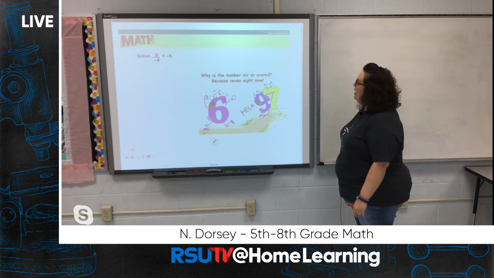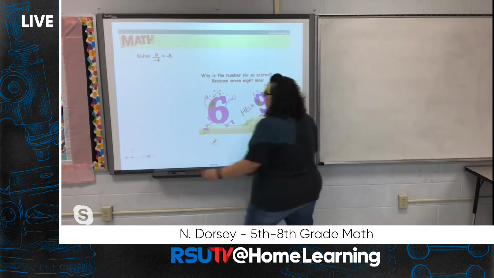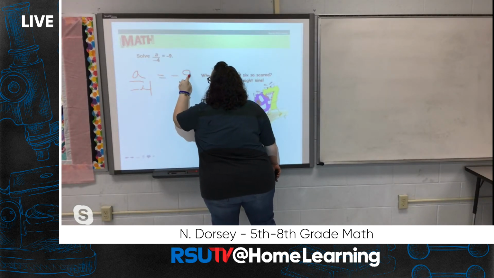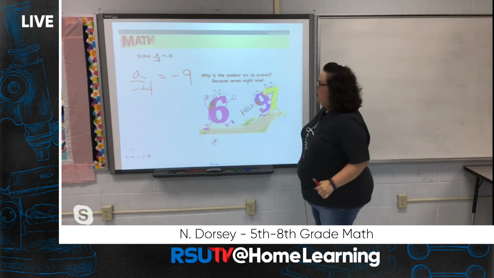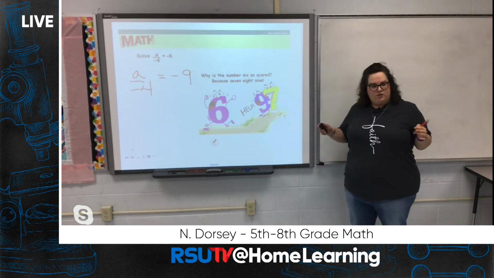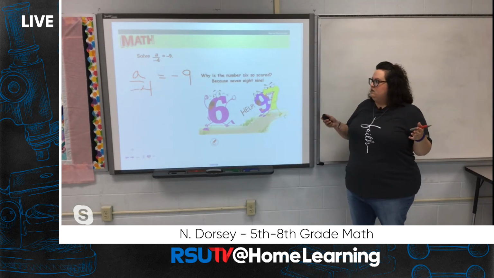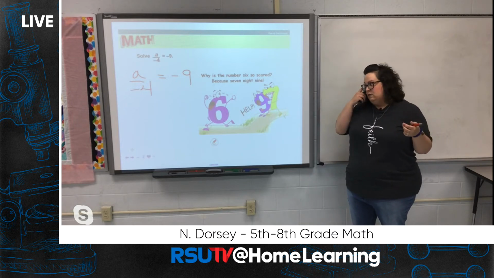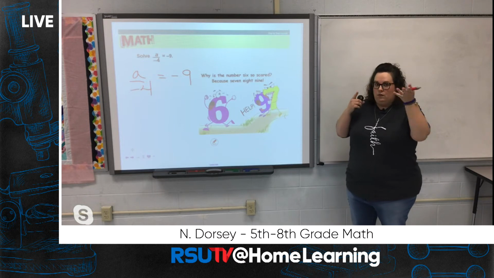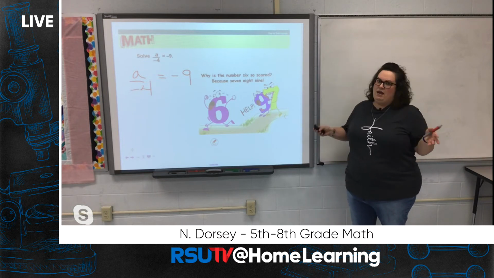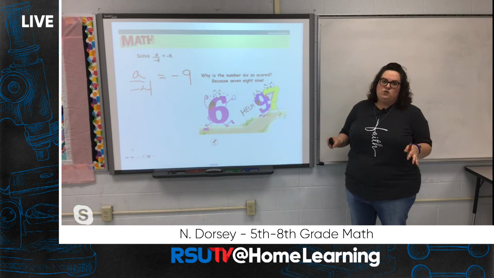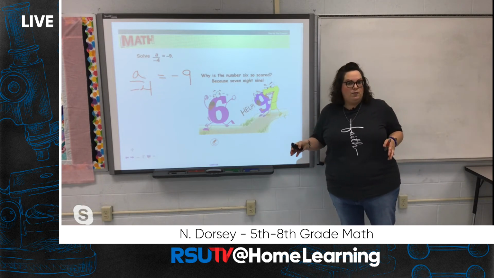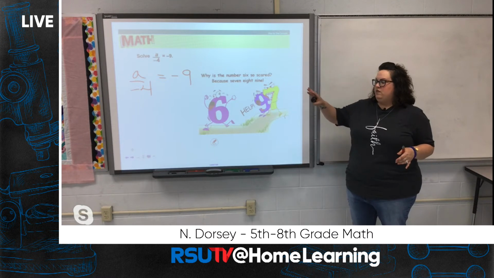Thank you. So, I have a divided by -4 equals -9. Now, for some reason, division problems seem to be some of the most confusing problems in the math world. Because we do so many multiplication one-step equations, I don't think we do enough of these.